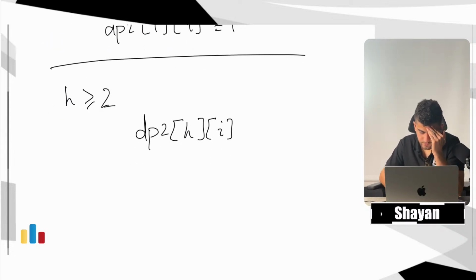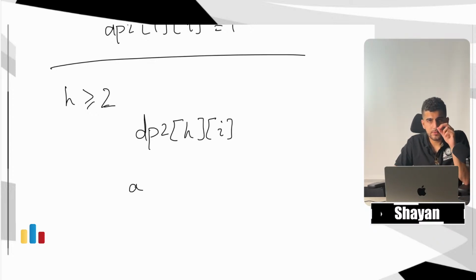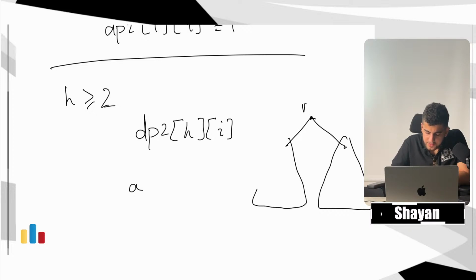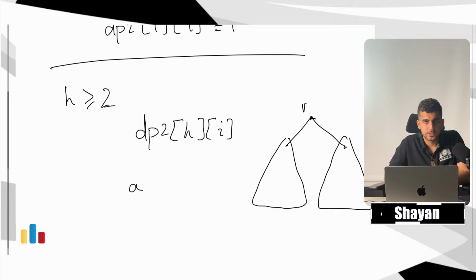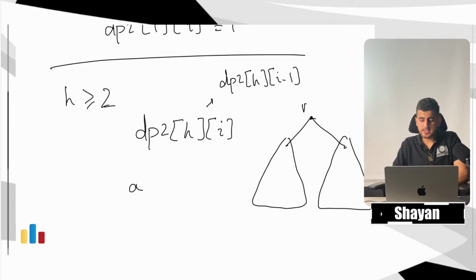So now we can have another for loop over a, and there are several cases. We know that this vertex v has 2 children. Either there was no operation on v itself, or there was some operation on v itself. If there was any operation on v itself, dp2 of h and i can be updated from dp2 of h and i minus 1. This is the case where I've done at least one operation on v itself.